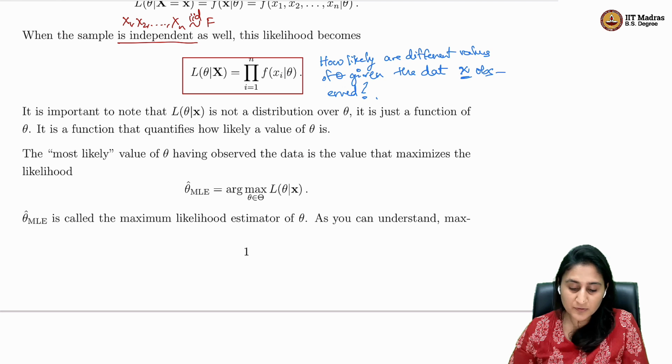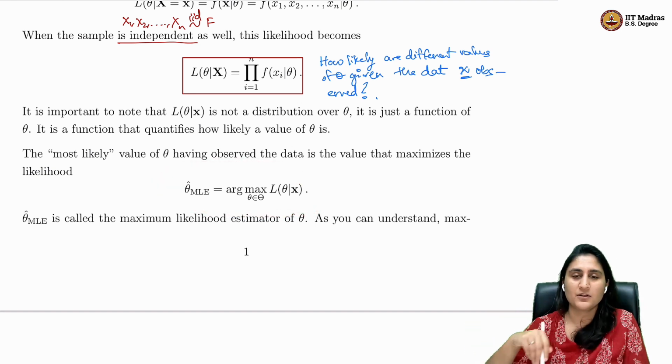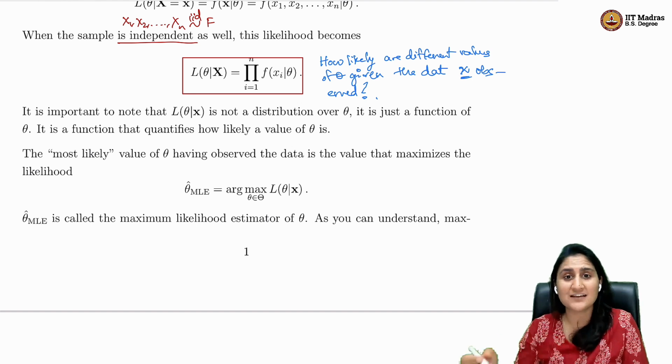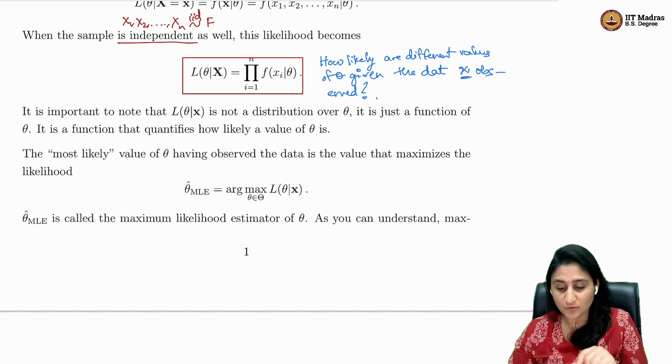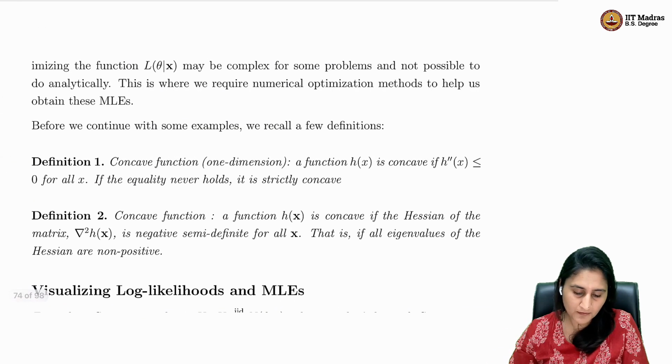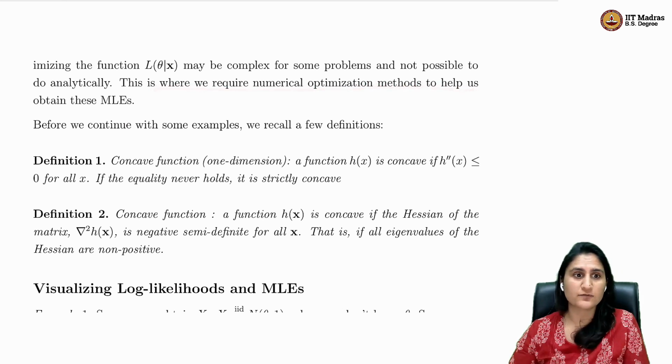In some problems this will be easy to do, and we'll go through some of those situations in this video. But often it's not possible to do with pen and paper, not analytically. So we need numerical techniques that can do this without actually having to solve the maxima problem. This is where we're going to start learning about numerical optimization methods in a few videos.